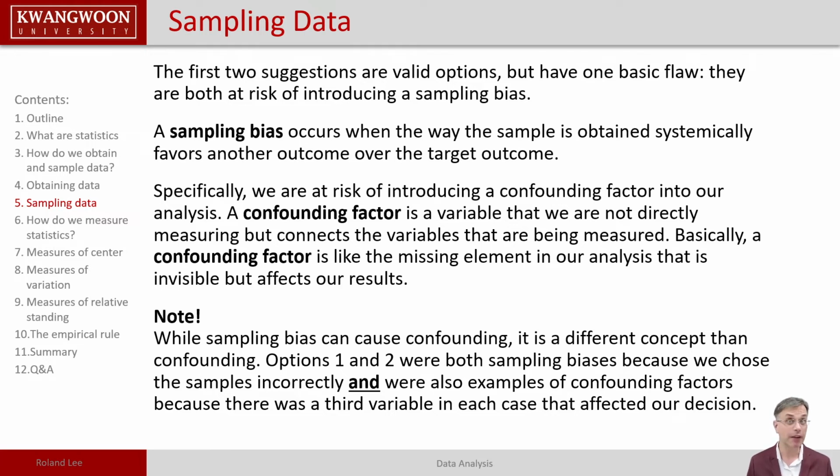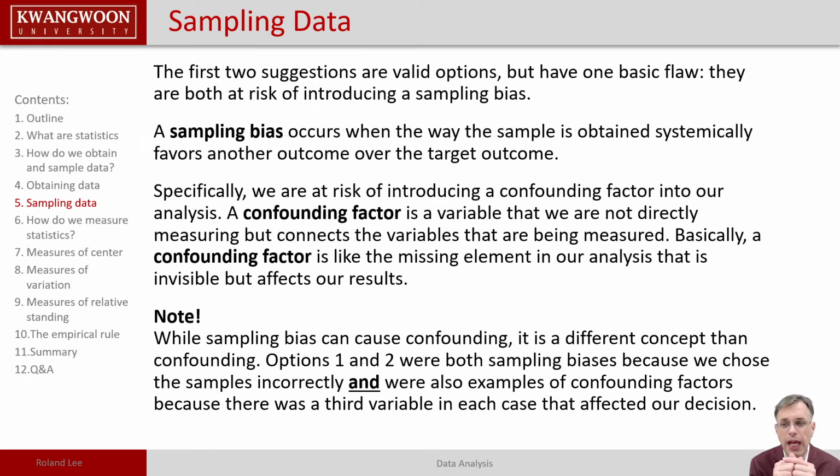Now, a sampling bias occurs when the way of sampling systematically favors another outcome over the target outcome. So again, systematically favors another outcome over the target outcome. It is not difficult to see why. So option 1 or option 2 might introduce bias.